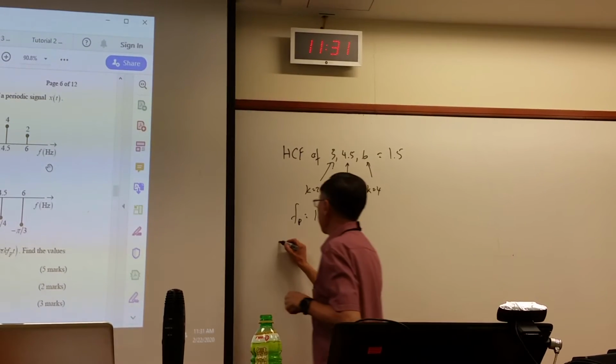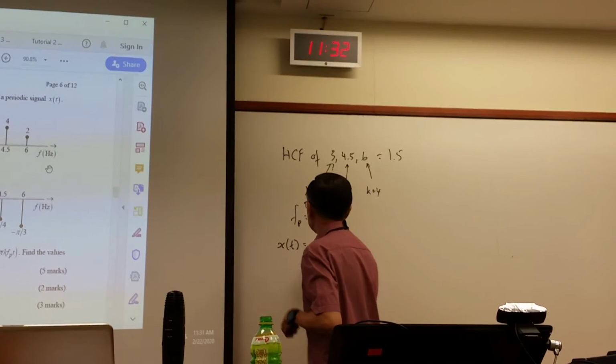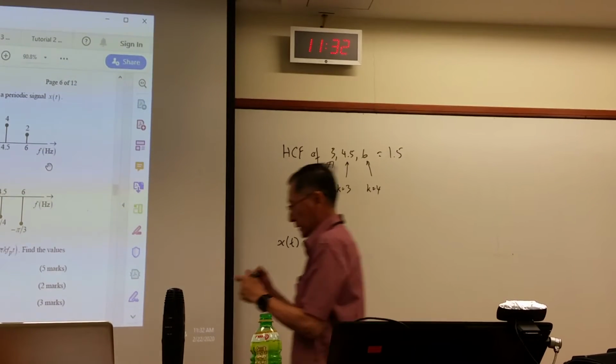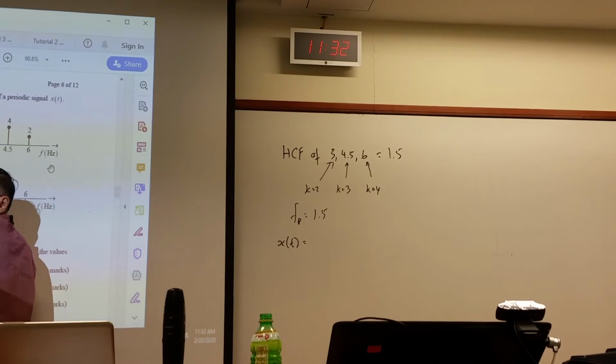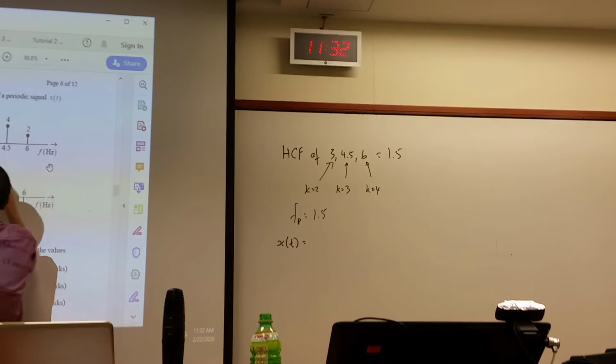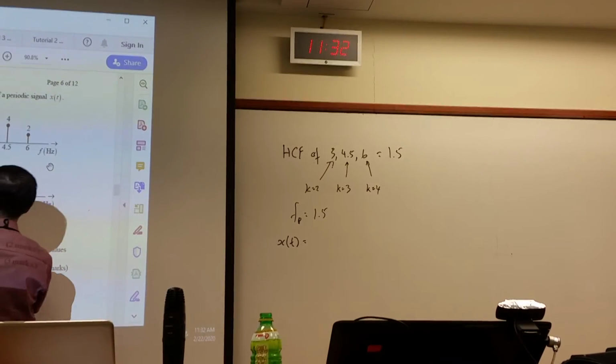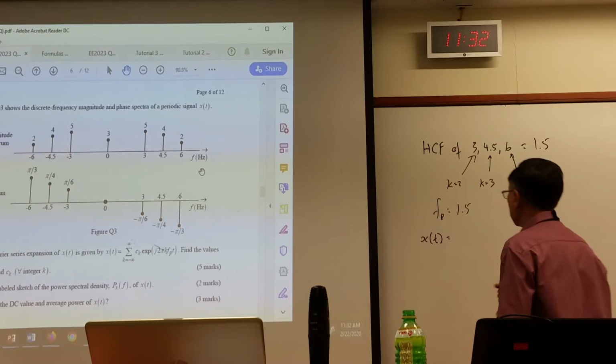Right? So that means x(t), let's take the 2 first. Where's 2? 2 is these two guys, right? Agree? So this one has a magnitude of 5 and a phase of plus and minus pi over 6. Alright?